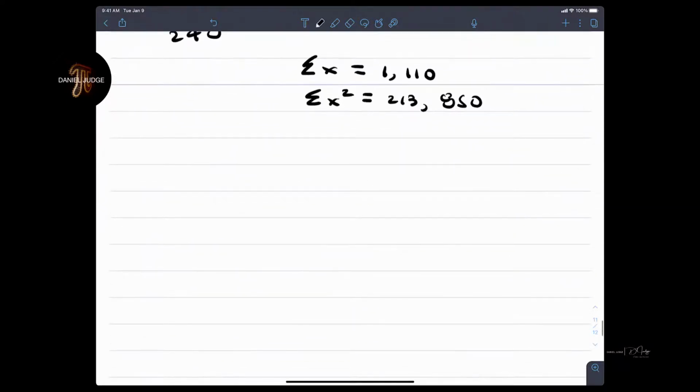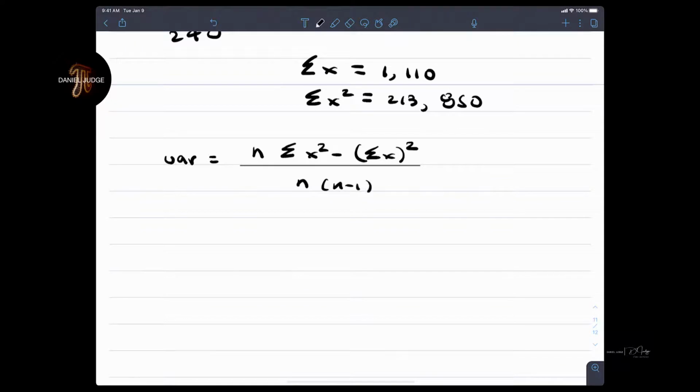So that the variance now is n times sum x squared minus sum x in parentheses squared, over n times n minus 1. Okay? Don't forget, sample size n was 6.